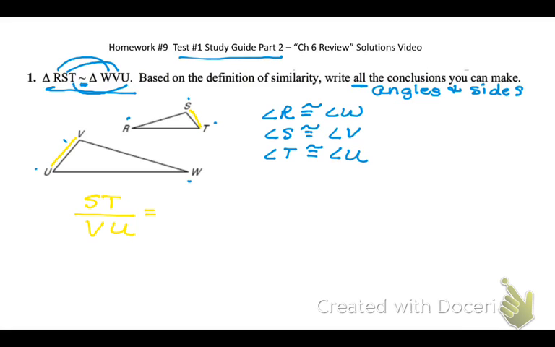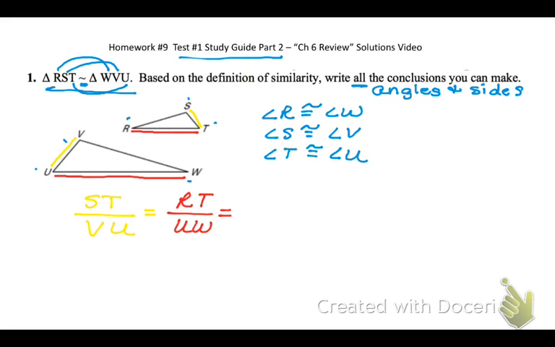It's going to be equal to, now let's look at our largest one. So our largest one here is RT over our largest one on this triangle is UW.